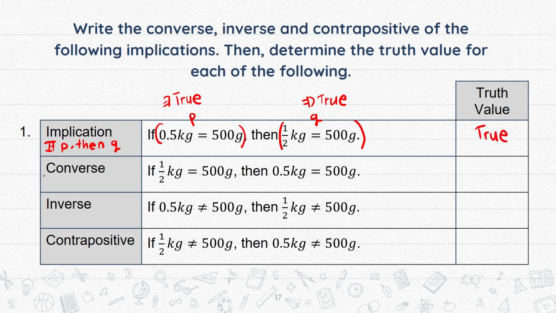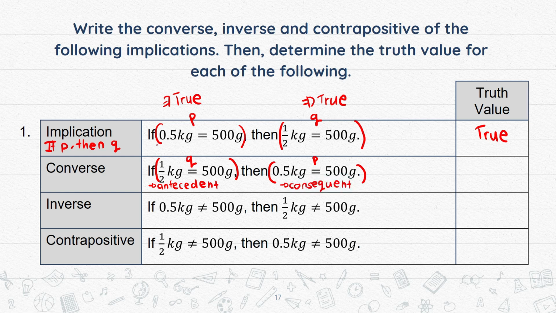Okay, how about the converse? Now in the converse, the antecedent and the consequent are changed. This is Q, and above here this is P. For the converse, Q will become the antecedent and P will become the consequent.